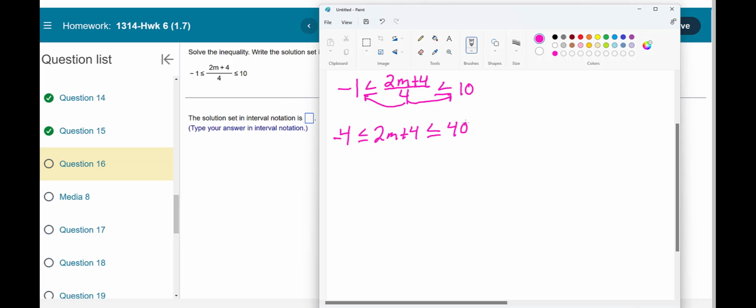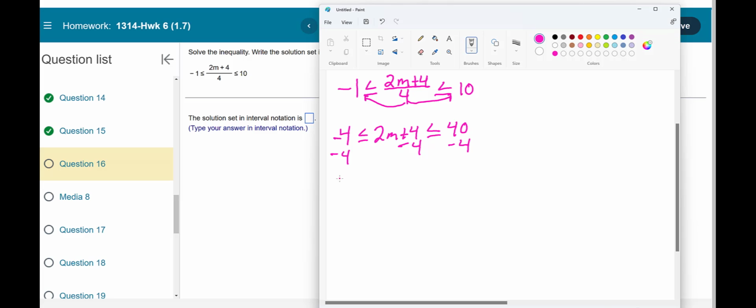And after we do that, now we can just get going with our regular linear equation type stuff. So we're going to subtract 4 from the center to get rid of the 4. And we're going to do the exact same thing to each side of the equation.